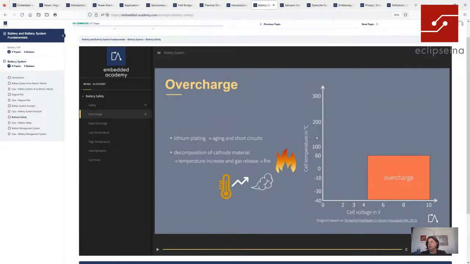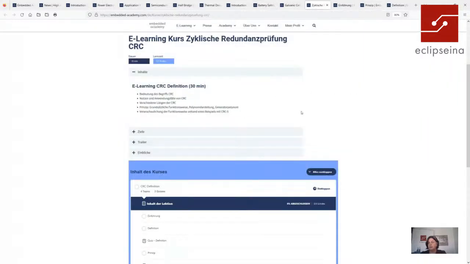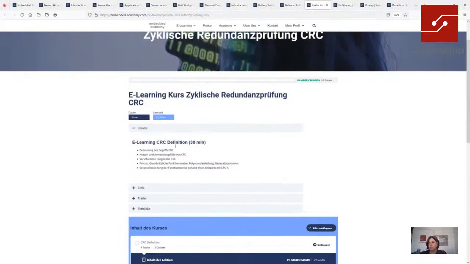And then I would go, even though it's in German, to the cyclic redundancy check. This course is composed of the meaning of CRC, where it's applied, the different CRC lengths, then the principles, like how it works, the polynomial, and the generator polynomial.